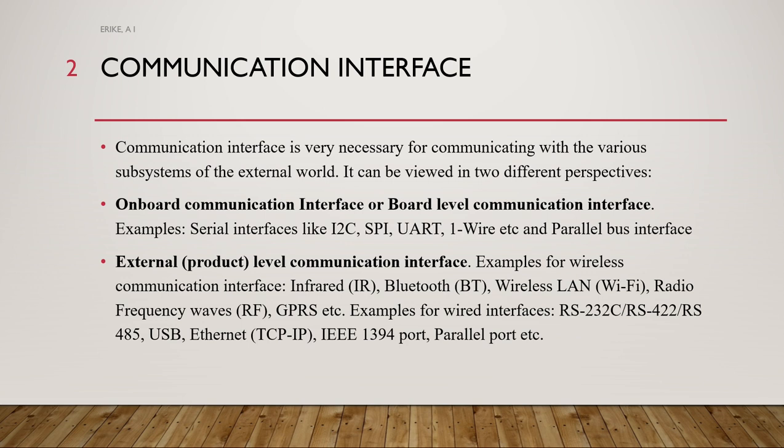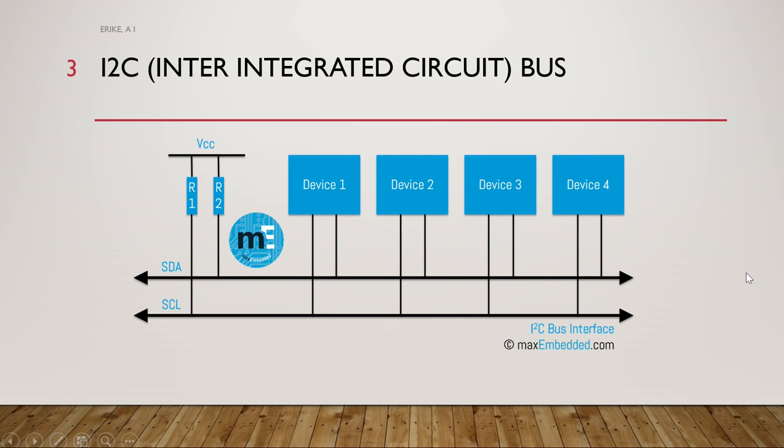Examples of wired interfaces in the product level communication interface are the RS232C, RS422 and RS485 interfaces. And then we have the Ethernet interfaces, the Ethernet TCP/IP interface, and the IEEE 1394 port and parallel ports that are available.